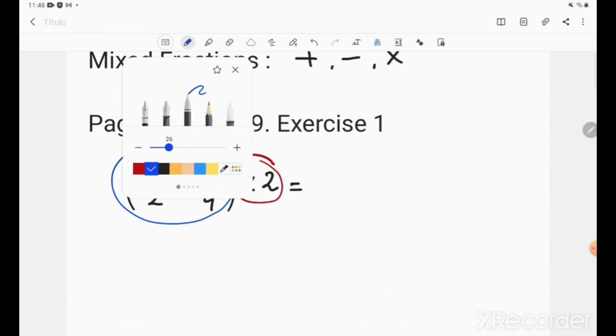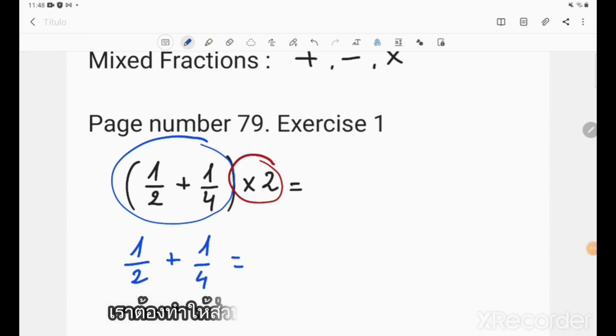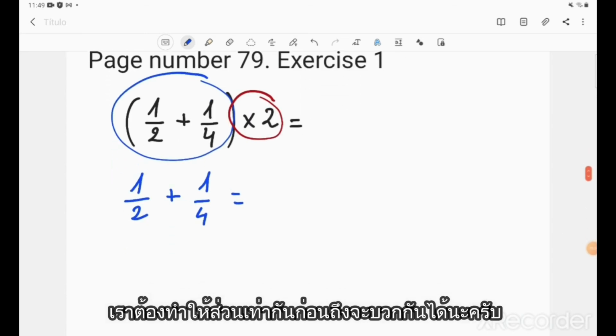So with the blue we're going to start with this operation, 1 over 2 plus 1 over 4. Basically we need to find first the same denominator. Here we don't have the same denominator, you see, 2 and 4.